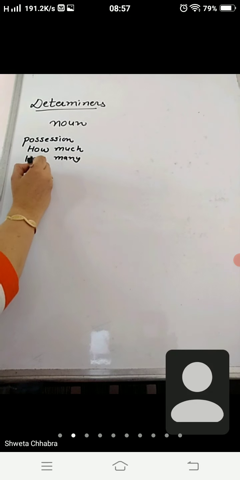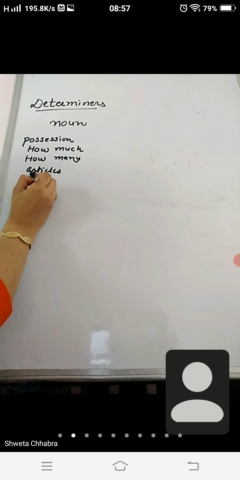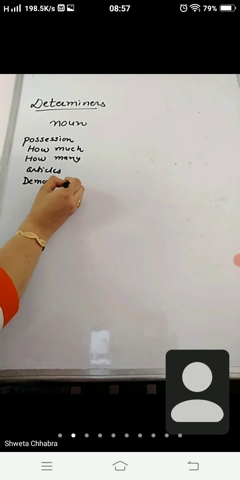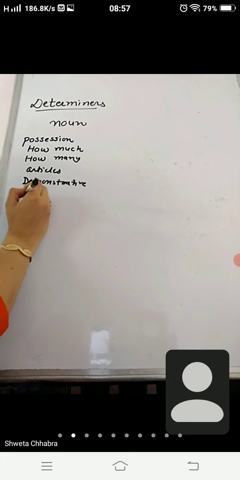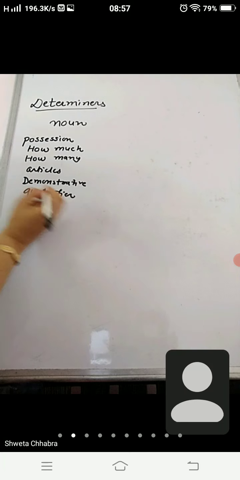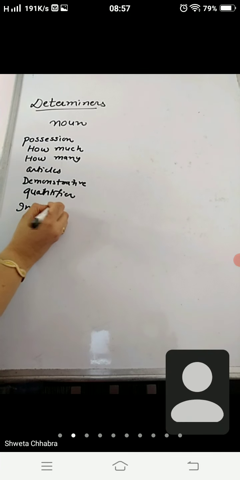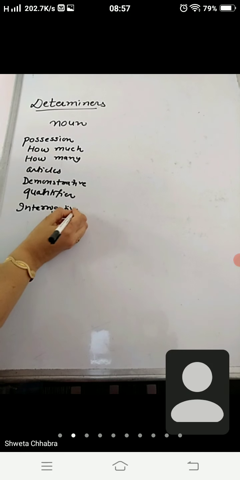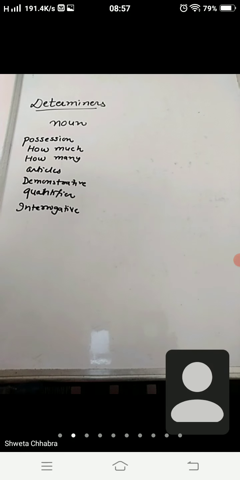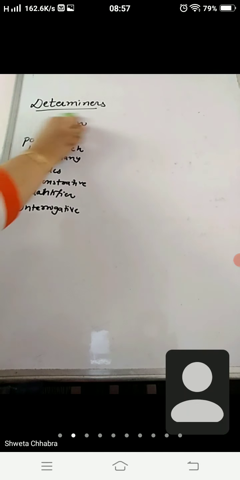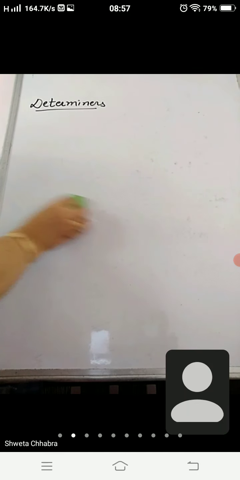Okay. They can be used in the form of articles. They are used in the form of demonstratives. They are used in the form of quantifiers. They are used in the form of interrogatives also. So for that I am going to take some of the determiners in front of you. The first determiner that I am going to take is articles.